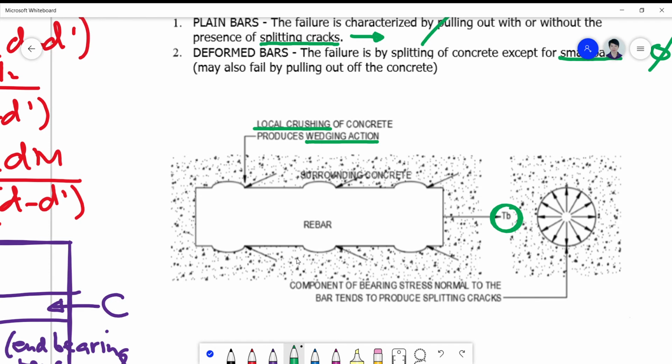Okay, so I'd like to focus more on how those splitting cracks happen.